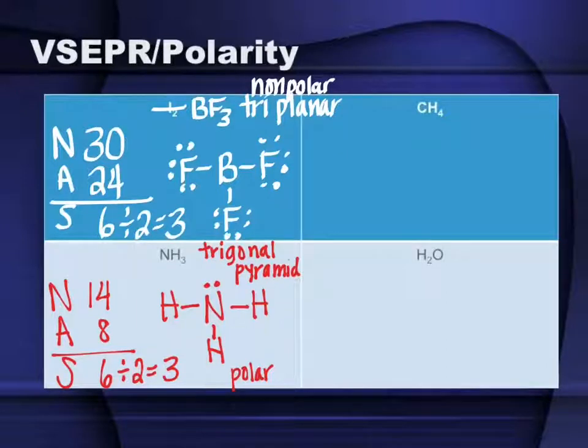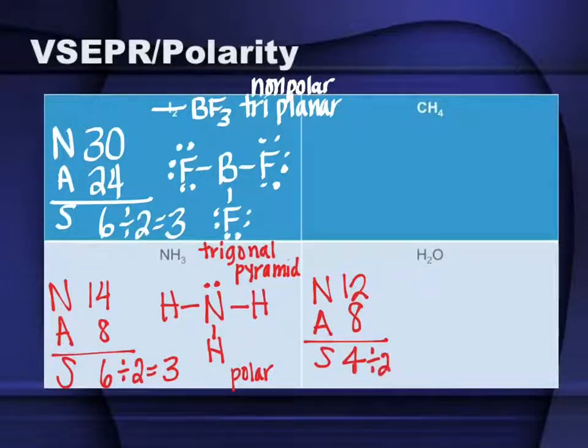So let's draw water. Needed, available, shared. How many are needed? 8 and 4, 12. How many are available? 8. We're sharing.